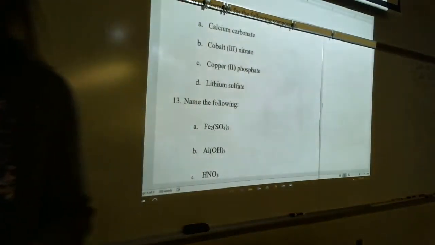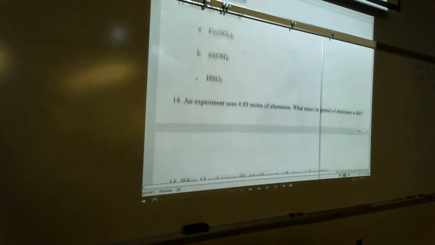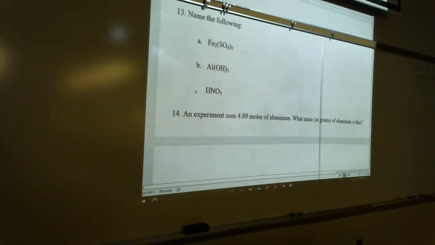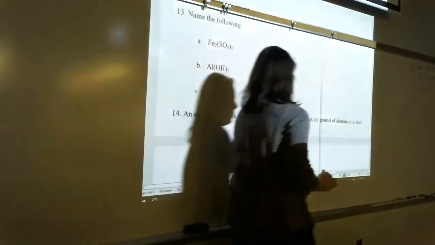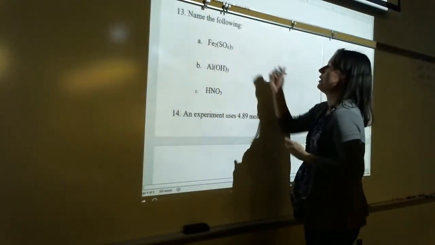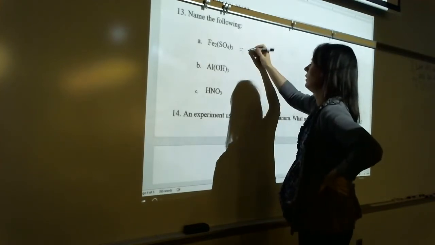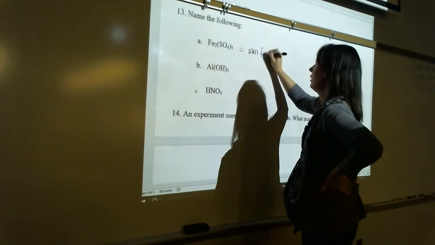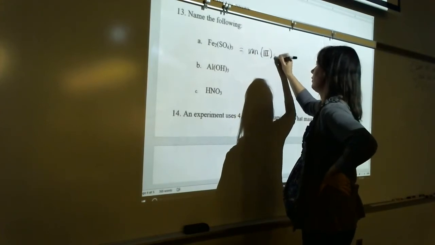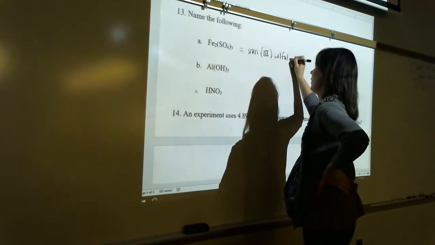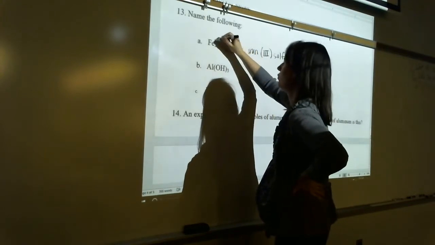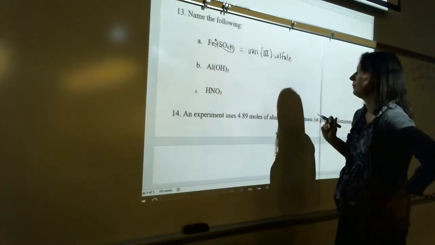Now we're going to do some naming. What's the name of A on 13? Right, good. Iron 3 sulfate, because you uncrisscross them to figure out what the charge there is.